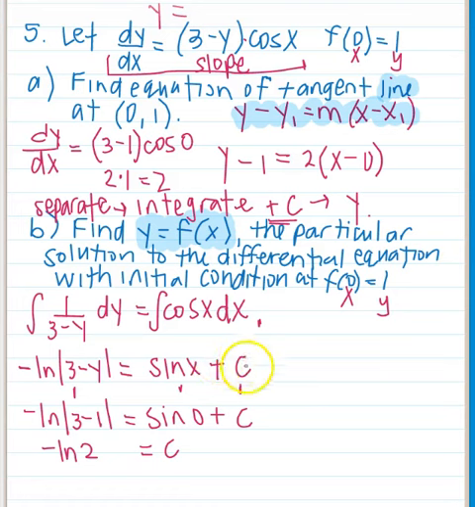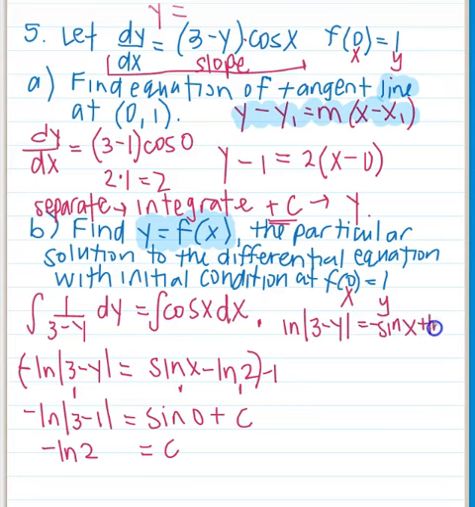Okay, so I can go back over here and plug in the C value that I got at the point where I got it, plugged in the points from. And now, instead of moving the negative to the top, I want to solve for y, so I don't want to move y to the denominator. So I'm going to multiply every single term by -1 at that point and get ln of 3 minus y equals negative sine x plus ln 2.